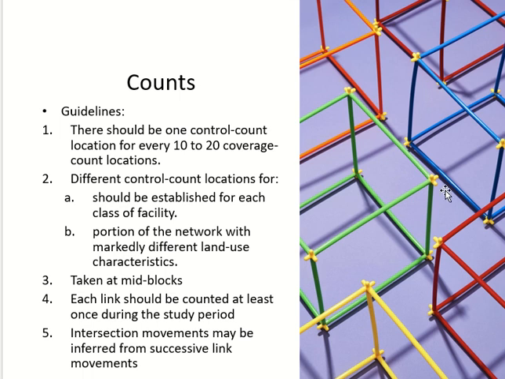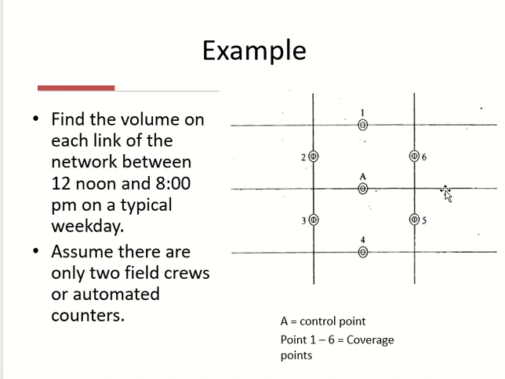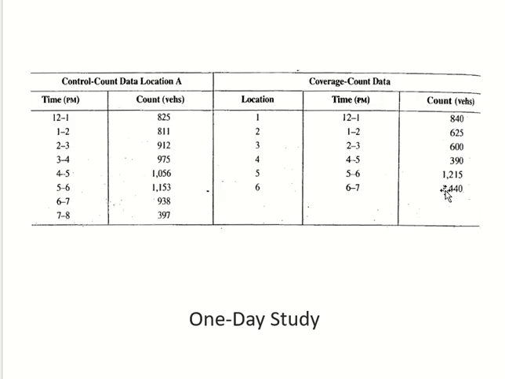Then we looked at one example in which we had 7 locations. One of them, location A, was a control count, the others were coverage counts, and you are required to get the 8 hours data. On the control count we had the 8-hour data. For the remaining we only had data for 1 hour from these 8 hours.